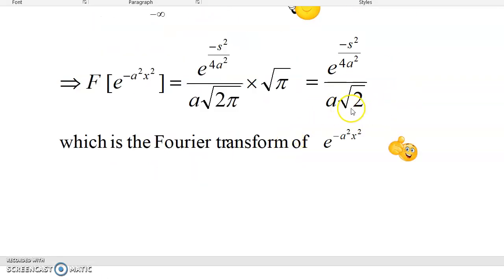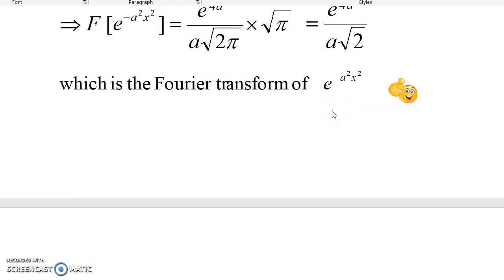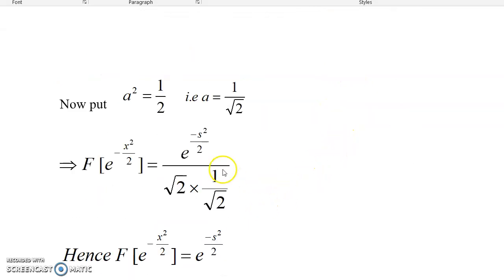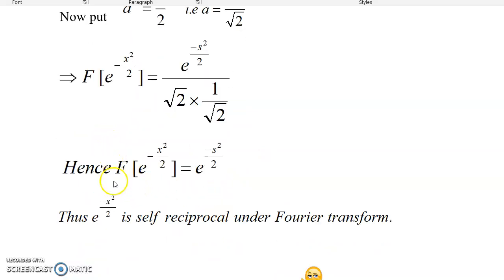And in the denominator, a is 1 by root 2, so this is root 2 into 1 by root 2. Substituting a as 1 by root 2, this root 2 and 1 by root 2 will be cancelled. And finally, F of e power minus x squared by 2 we get as e power minus s squared by 2.